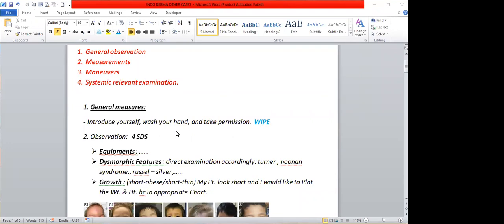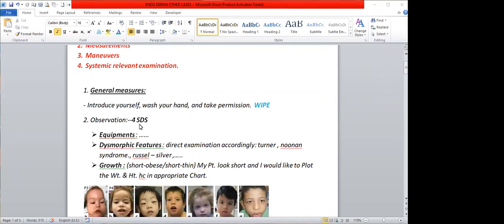And what are the examinations? We all know the 4D NS, okay? The 4D, that is device, dysmorphism, and can anyone suggest? Dimension, disease, distress, dysmorphism, surroundings. Excellent. So we need to follow these. Just after entering the station, we ask the permission.